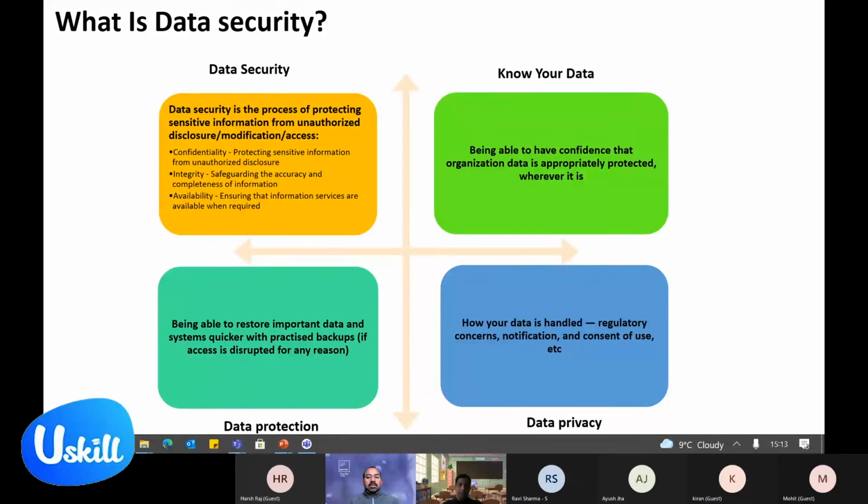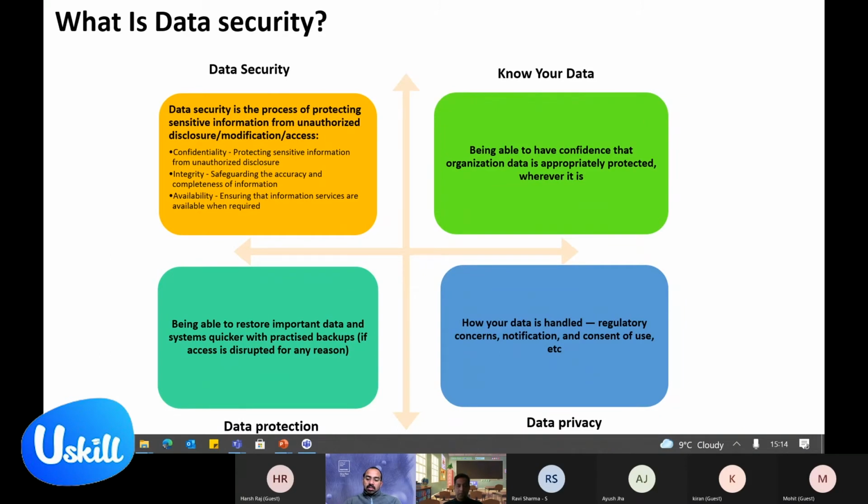So no unauthorized user can make any changes to the data itself, and even the authorized person should not make unauthorized changes. So integrity protects against both the unauthorized user and the authorized user who has access to the data. He can see the data, but he should not be allowed to make any unauthorized changes to it.